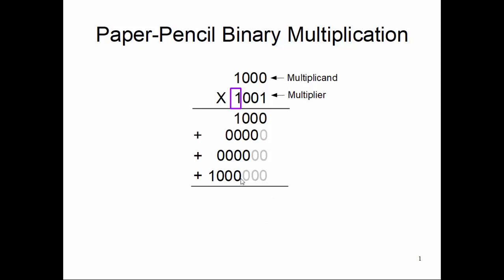And then we basically sum up all these rows. You can also imagine that all the rows have 8 bits if you start prepending zeros to each row that does not already have 8 bits.